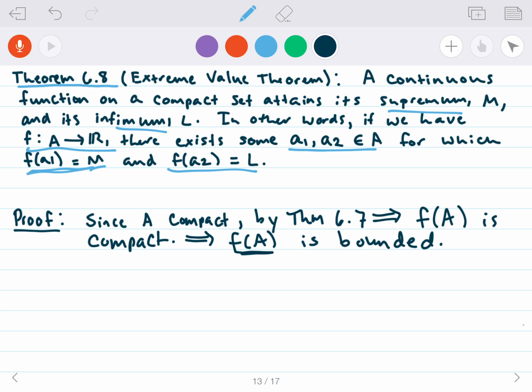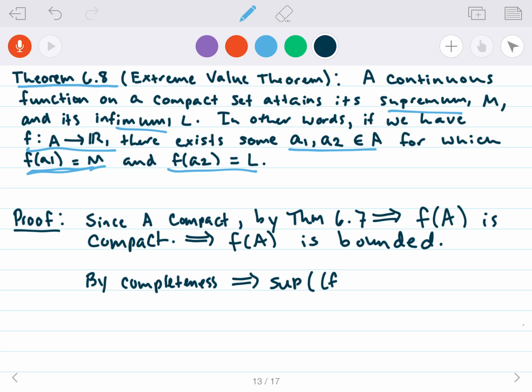Now, if the image is bounded, remember from what we did way back in the day, if we have a bounded set, then it has a supremum, by completeness, and an infimum. So by completeness, we know that the supremum and the infimum of the image exist.